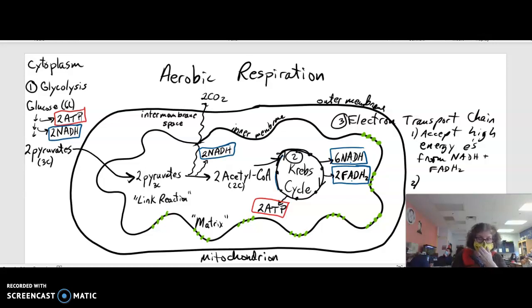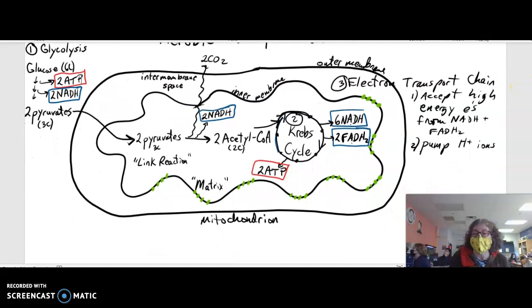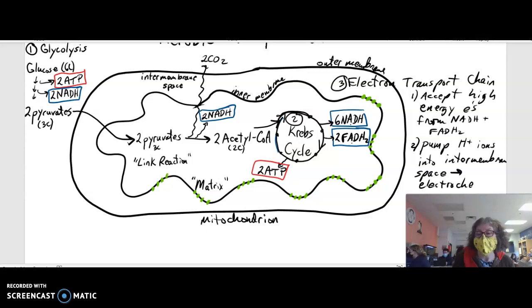And the second thing they do is they pump hydrogen ions into the intermembrane space, creating an electrochemical gradient.